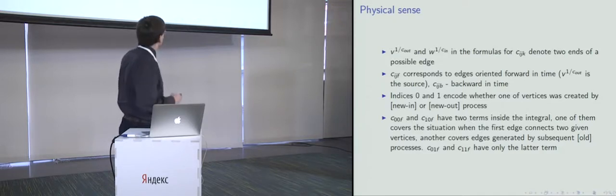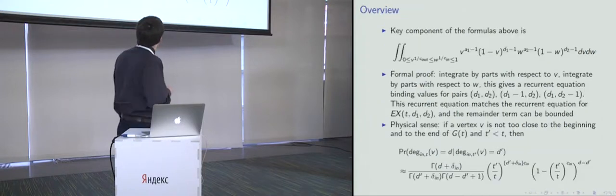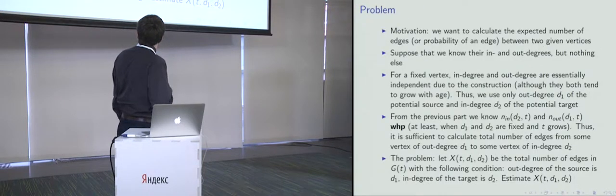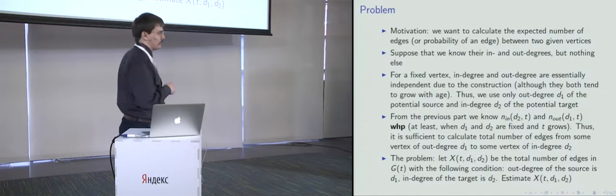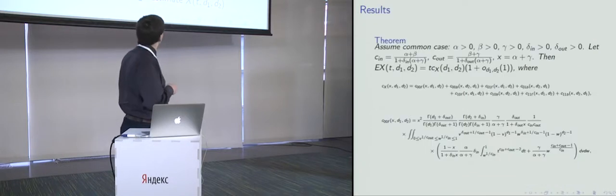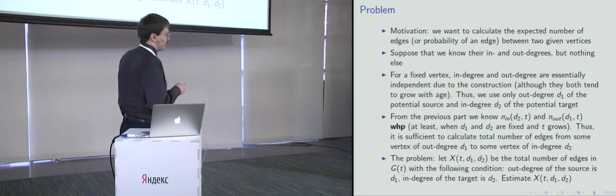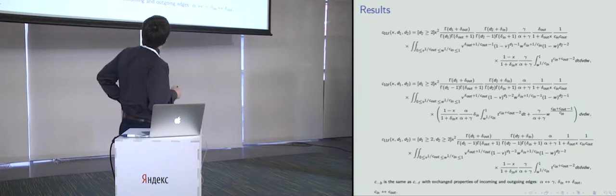If one of the degrees is significantly larger than the other, then X is asymptotically just a product of D1 to some power and D2 to another power. The powers depend on the model parameters, and also there is a quantity C in plus C out minus 2.